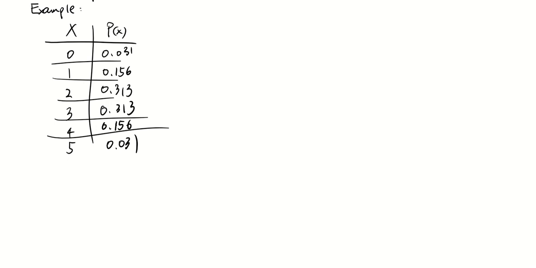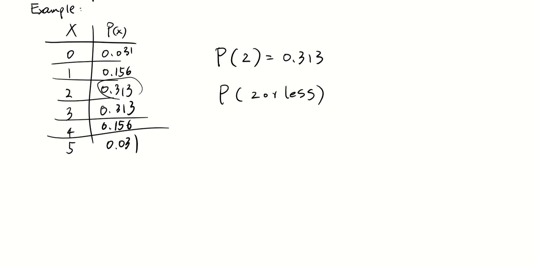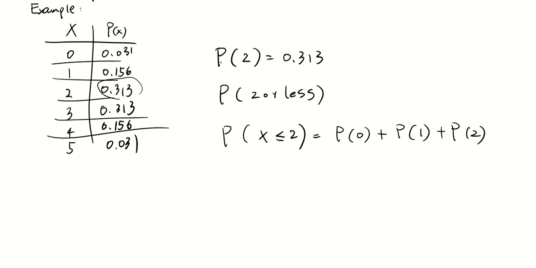According to this chart, the probability of having, let's say, 2 girls comes from here, 0.313. What if I ask, what is the probability of having 2 or fewer girls? I can say P of x less than or equal to 2, which is equal to the probability of having 0 girls plus the probability of having 1 girl plus the probability of having 2 girls.